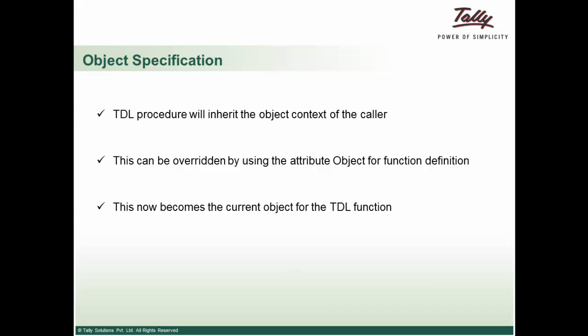In case the object context needs to be overwritten, that can be done by explicitly specifying the attribute object at the function definition, in the declaration block. The moment you specify the object context, the entire function changes its object context from the caller to the specified object.